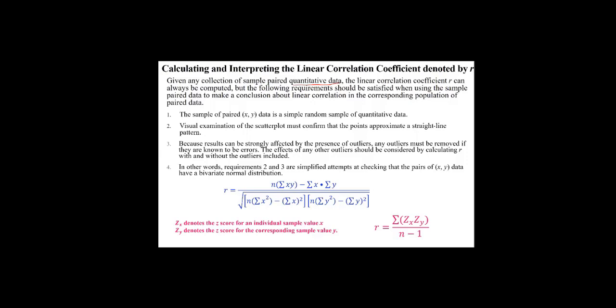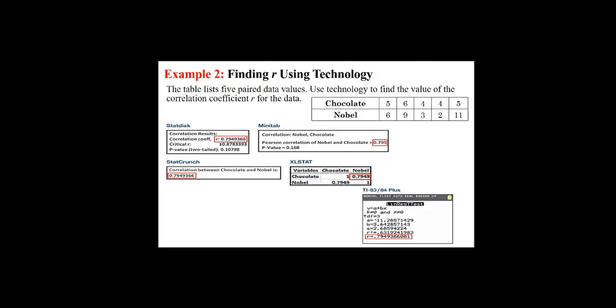All right, let's look at an example and see how this goes. Here's a table that lists 5 paired data values. Using technology, find the value of the correlation coefficient R for the data. Normally we use technology. If we look at what's given by technology, take a look at what is boxed in red.